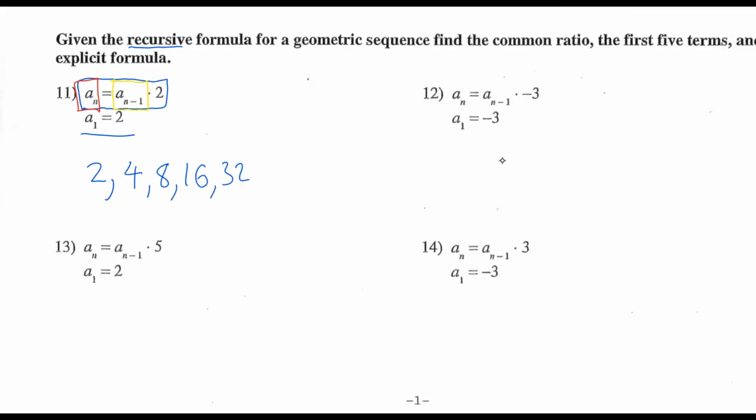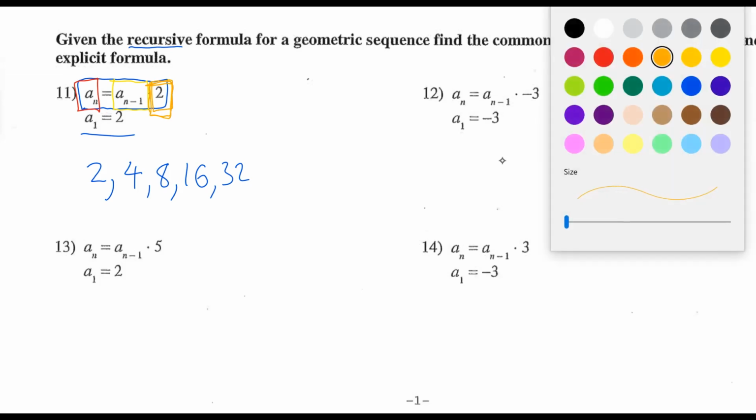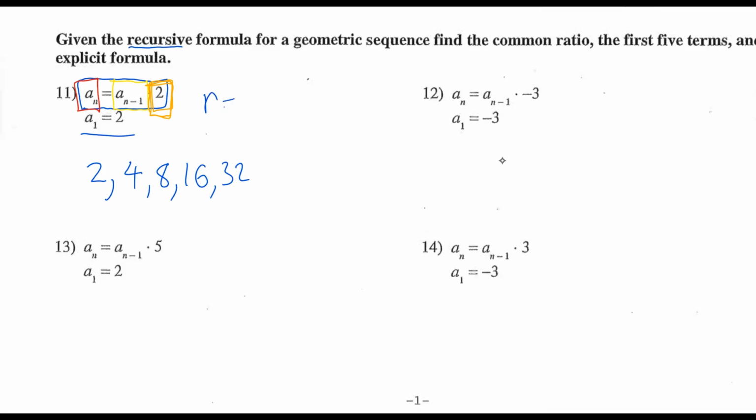Find the common ratio. That is always this orange number, the 2, or the thing you're timesing the previous number by. So here we can just go r equals 2, and then we can put these into our regular formula.